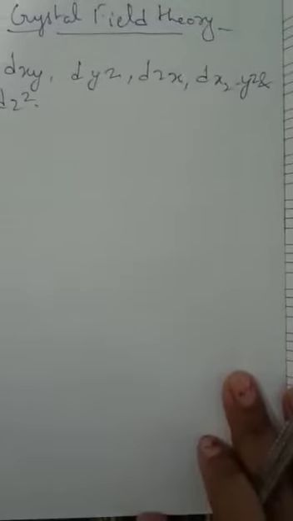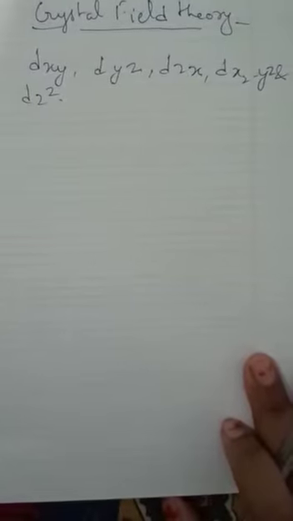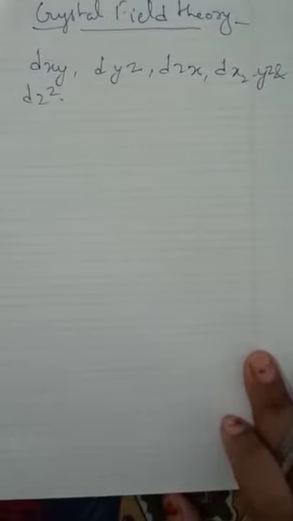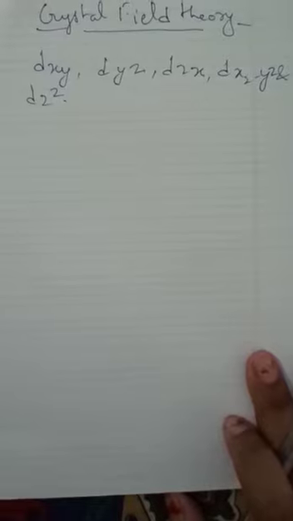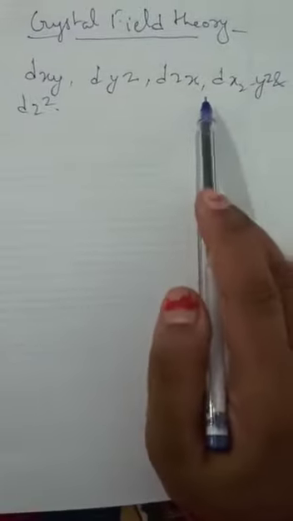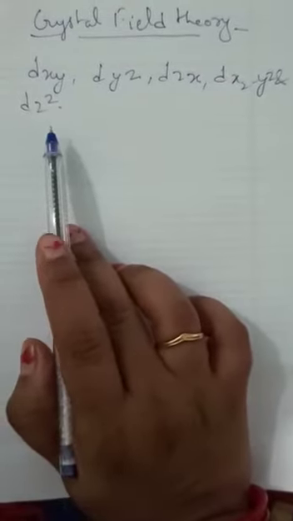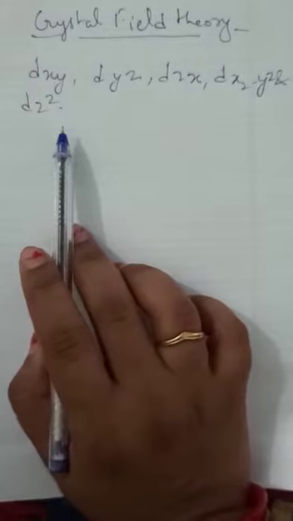These were the 5 orbitals which we studied in class 11th. The dx square minus y square and dz square orbitals point along the axis, so they are on the axis of the ligand.